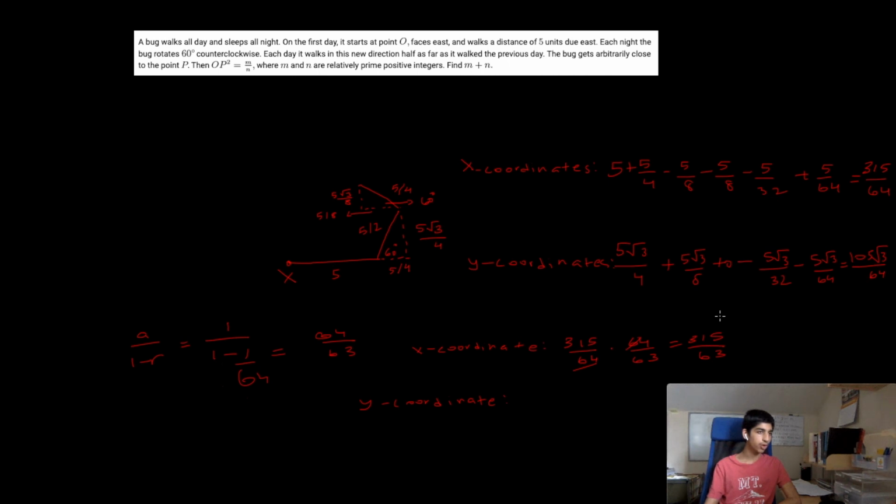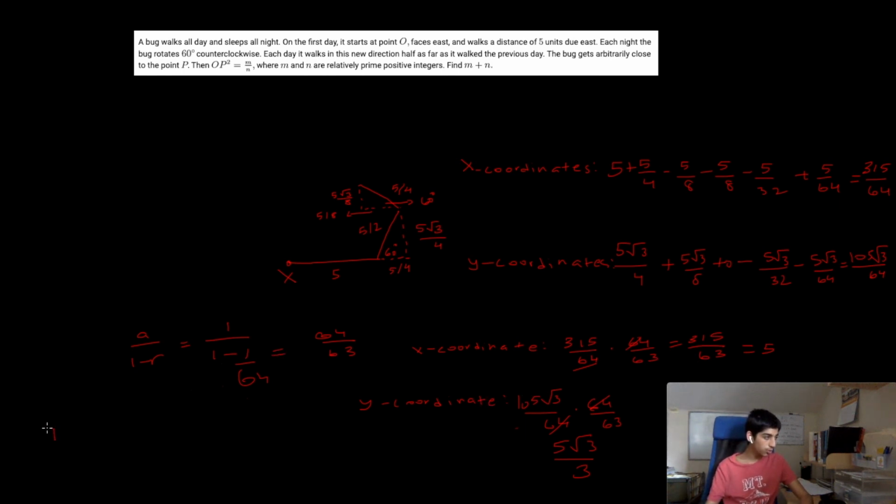We had 105√3/64, and then we multiply by the same 64/63. These 64s cancel and we're left with 105√3/63, which is also 5√3/3. And I forgot to simplify the x coordinate, but this simplifies nicely as 5. So now we have the x coordinate and y coordinate for point P.